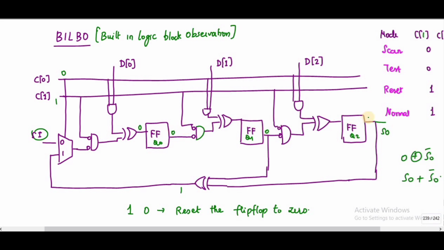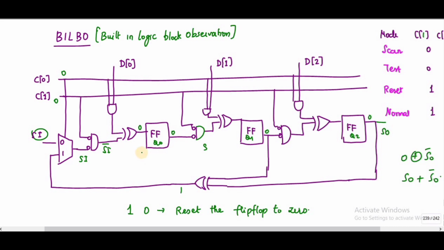The flip-flops value goes to initial state as 0. Okay. So whenever I select the selection pin as 0 0, okay, here the SI gets selected, right? So the SI gets selected, so this now becomes SI bar, right?